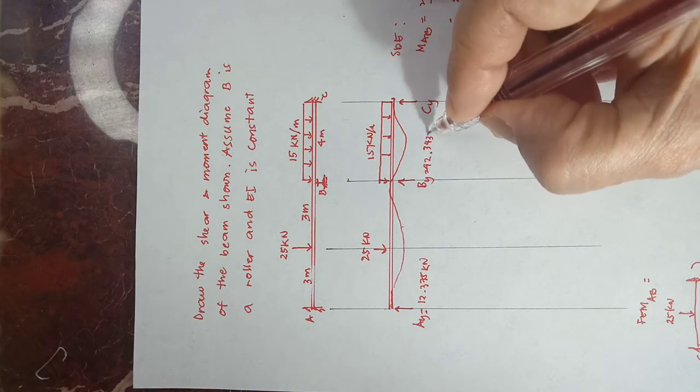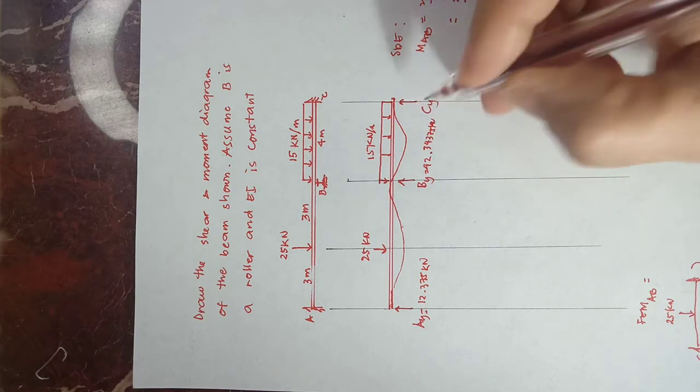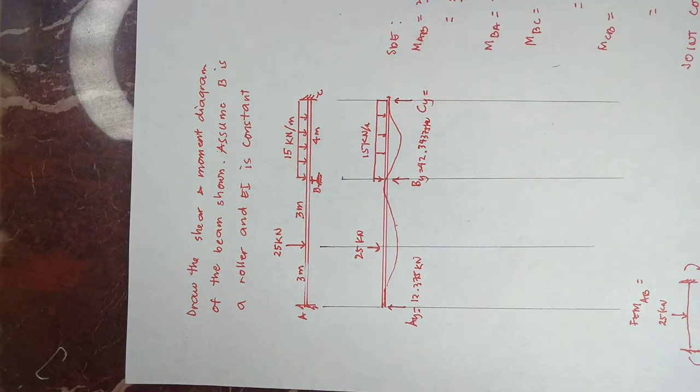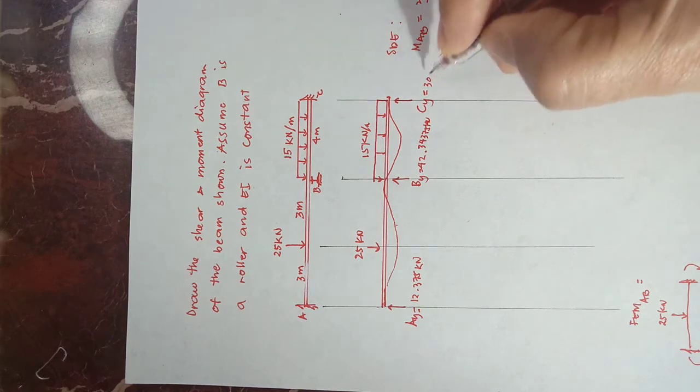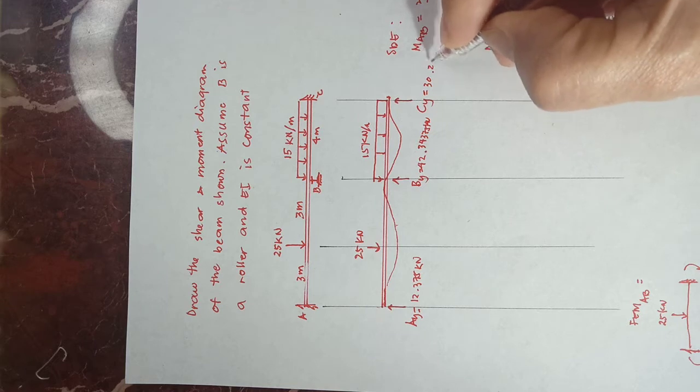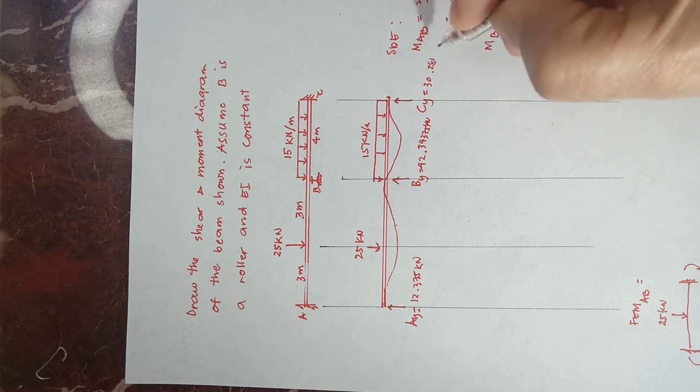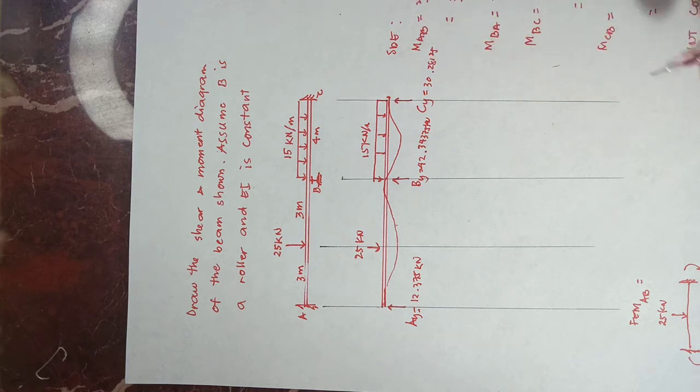Okay, so 375 kilonewtons. And your CY is 30.28125. Okay, so we can now draw our shear and moment diagram.